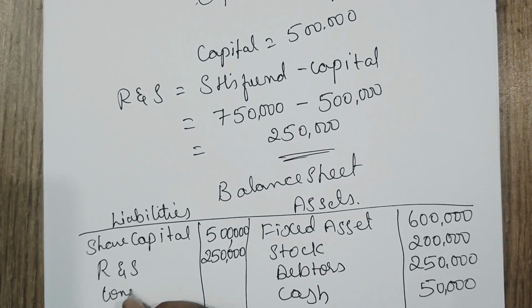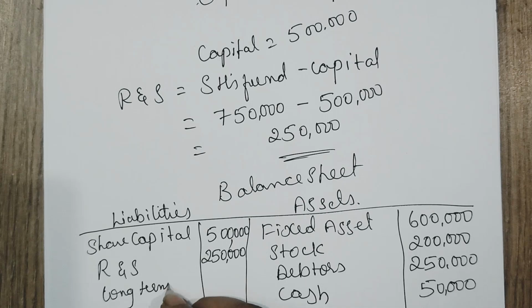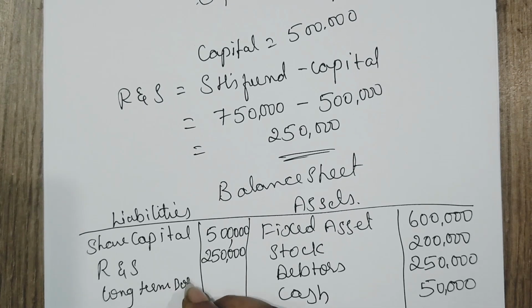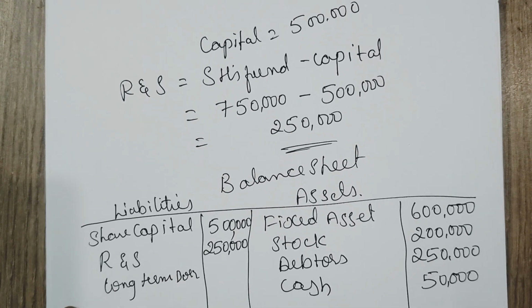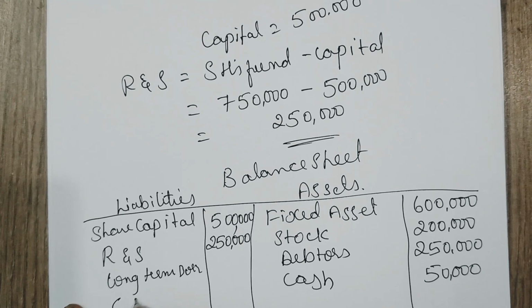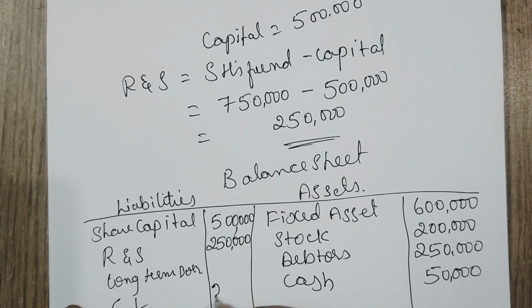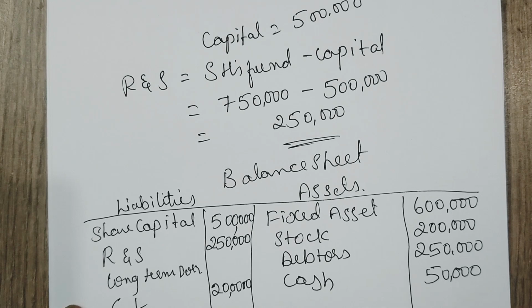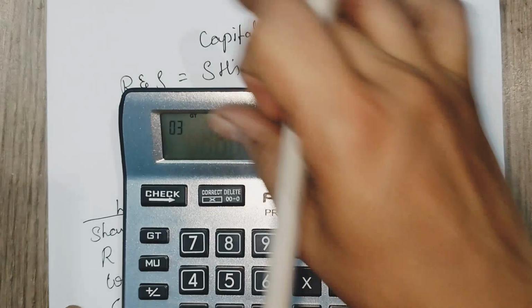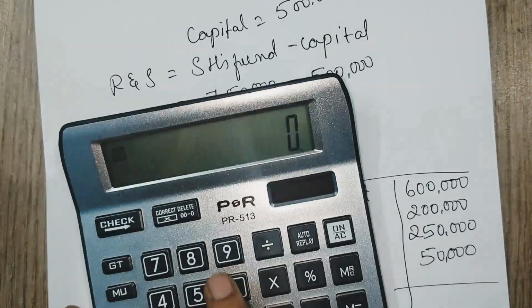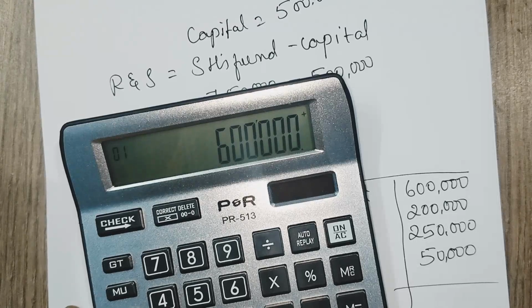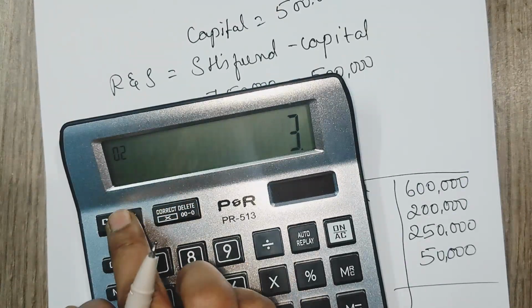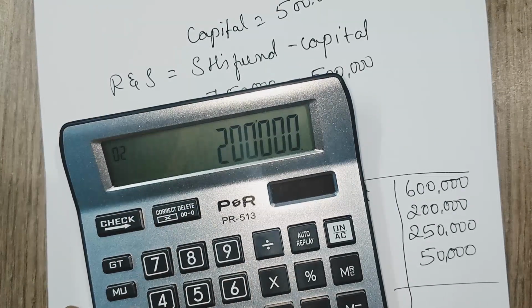Then long term borrowing, it is not there. Current liabilities is 2 lakh. Total is 6 lakh plus 2 lakh, 2 lakh 50 plus 50,000.